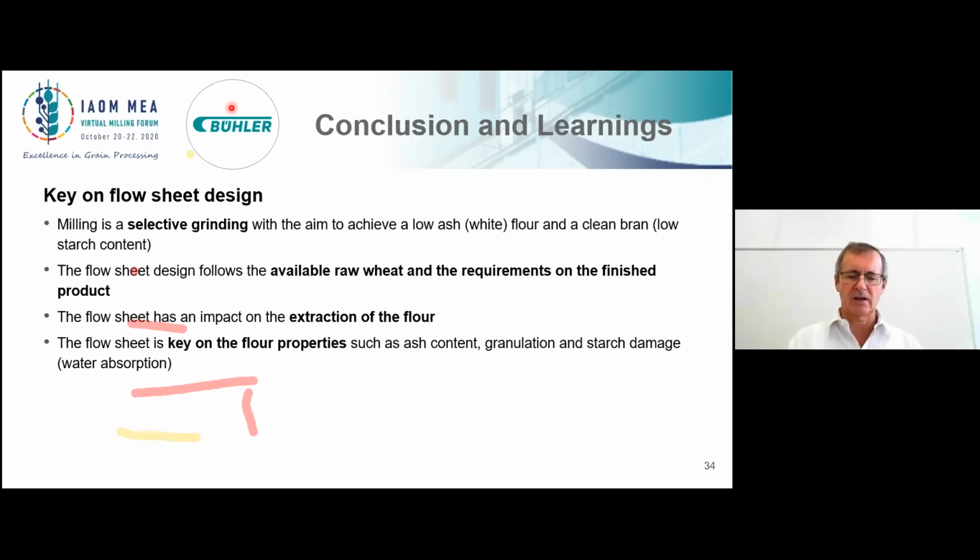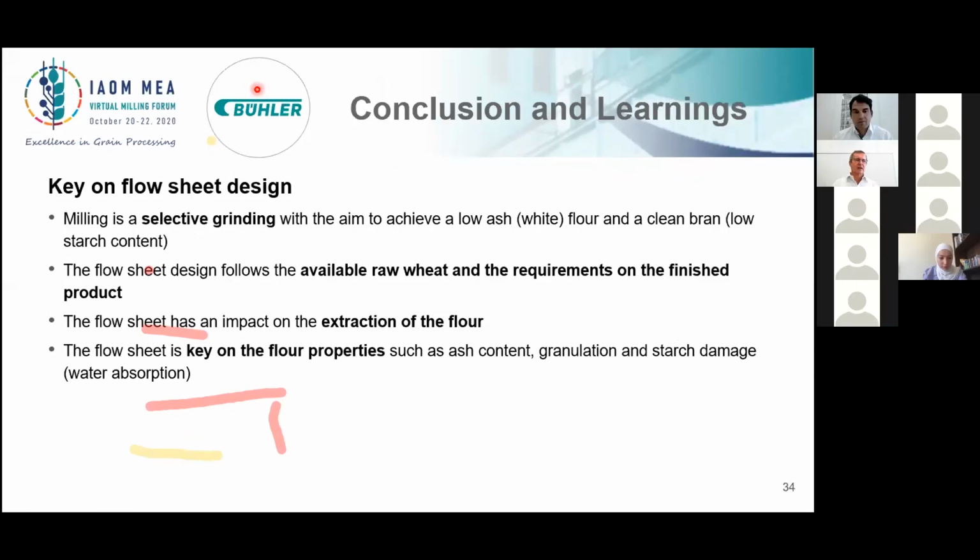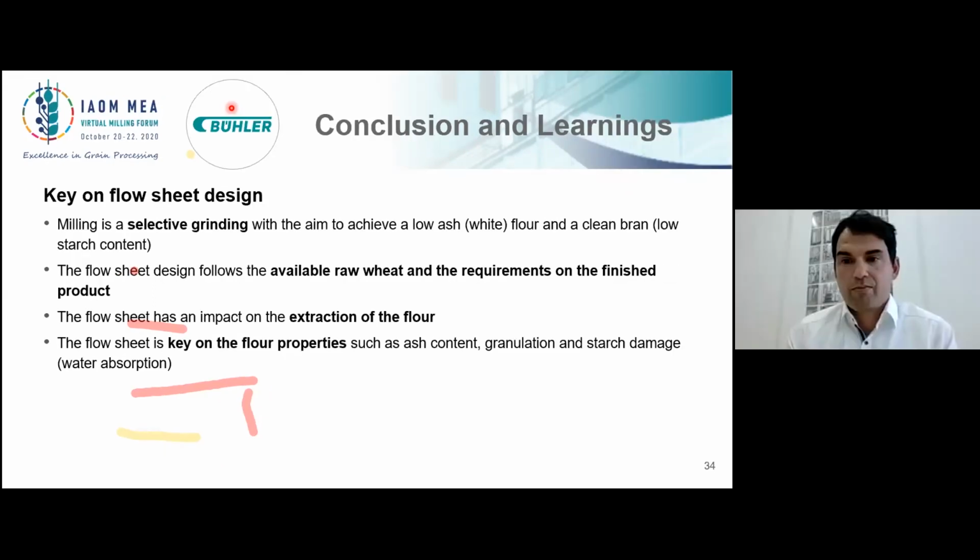If the blend is weak at the beginning, you may only extract 4 to 5%. You take away the best part of the kernel, which is the center of the endosperm, either by the semolina or if you have a patent flour. So it's always impairing the remaining flour. So it's case to case.